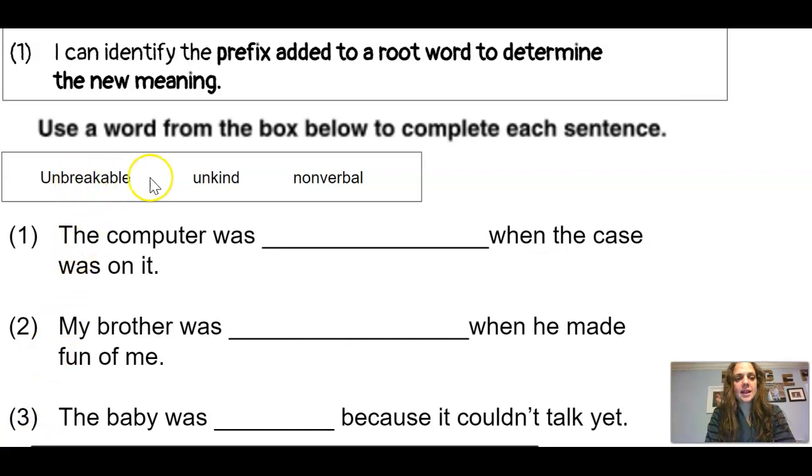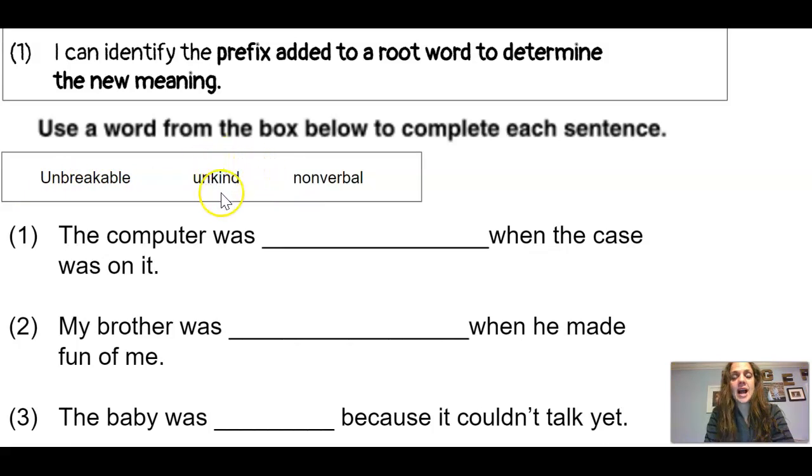So let's look at our three words. One word, I see the root word. We're going to look inside this word to find the root word, break. I see the suffix able, breakable. I see the prefix unbreakable, so not breakable.